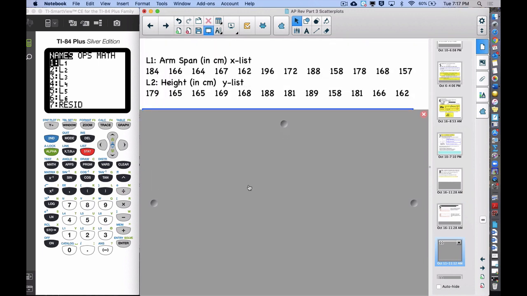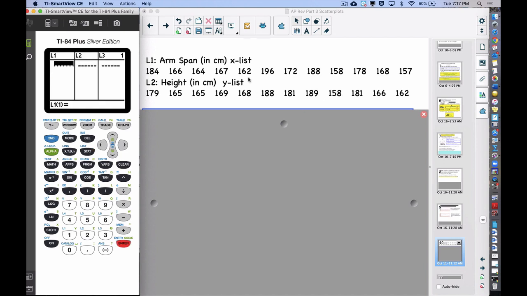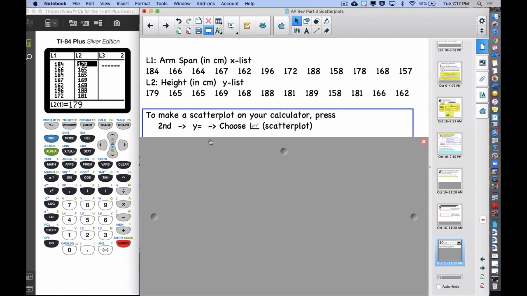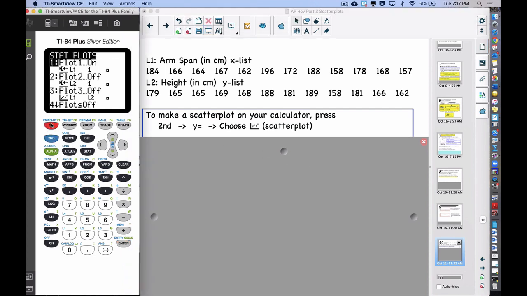So let's type some numbers in. You might want to pause here, go into Stat Enter, and type these numbers in a list if you want to follow along. I guess you can just watch if you want, but I'm going to put these in. Okay, so if we wanted to make a scatter plot to look at or to sketch, we're going to go to second y equals, and hit Enter. I do not want a box plot.